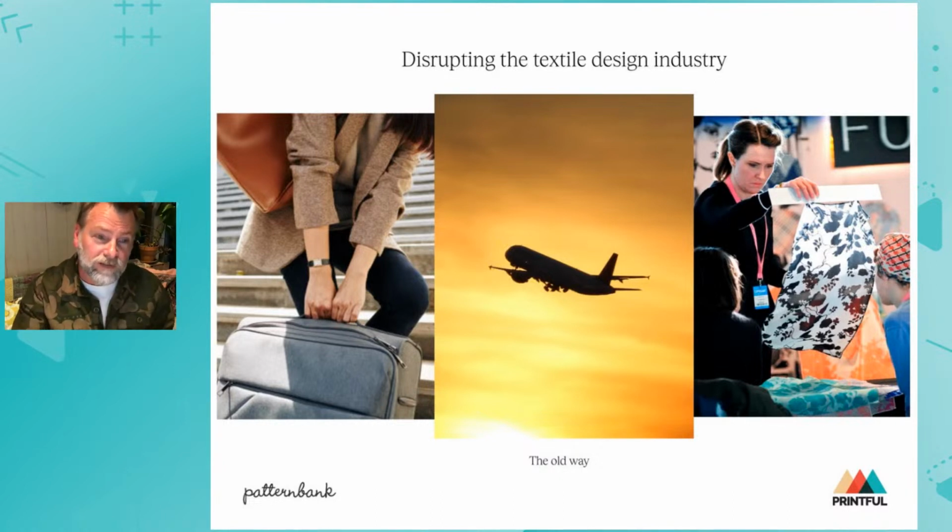Then they would put all these in suitcases and take these suitcases to trade shows all around the globe: Italy, Paris, New York, LA. Then the buyers would go to these trade shows, look through the samples, choose which ones they wanted to use, and take them away. So quite a lengthy process and not good for the environment.